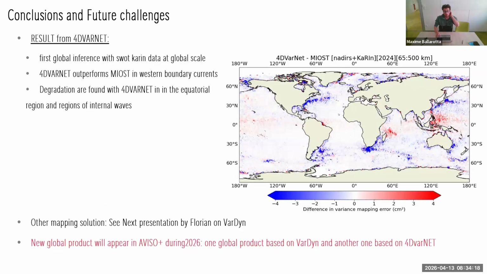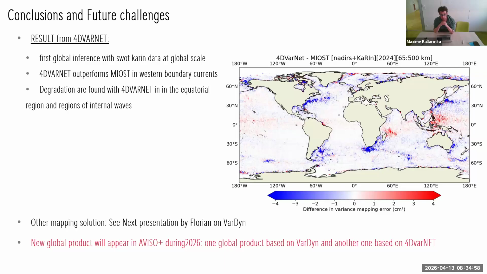Just to have a quick overview of the performance of the 4D Varnet approach at global scale compared to the MIOST system. That's a recent assessment and production done with the 4D Varnet approach and compared to the MIOST product. These are level 4 maps constrained with nadir altimeter and Karin data. We used an independent dataset to validate these two series of maps over the year 2024.